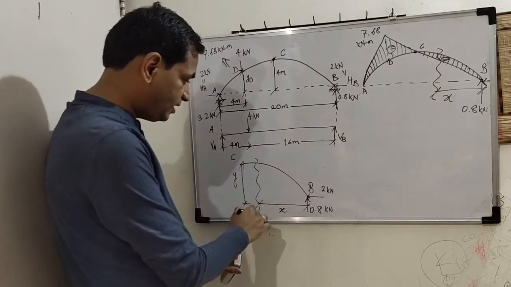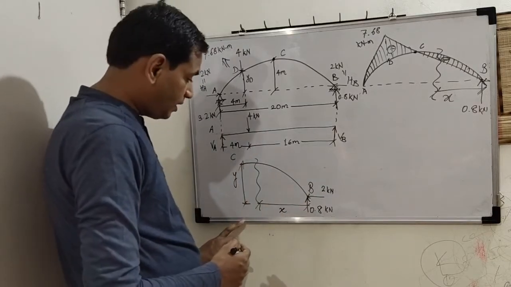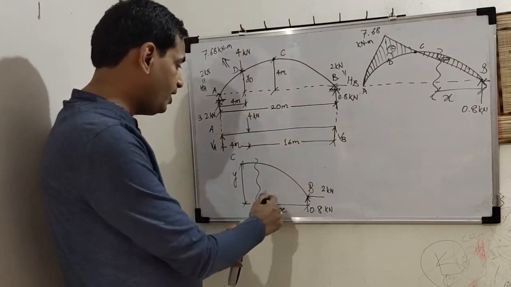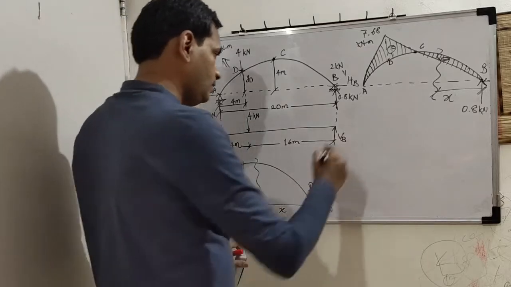We have considered a section at a distance x from B, and we will now write down the equation for bending moment at this section.